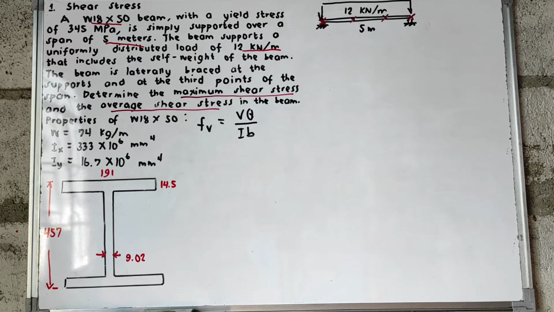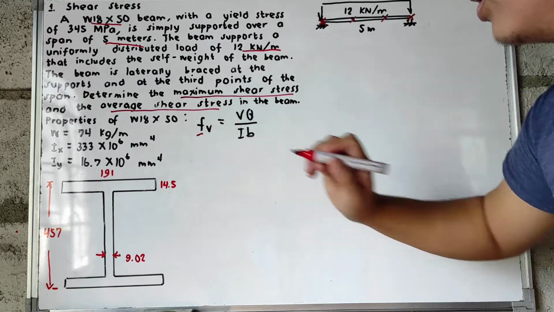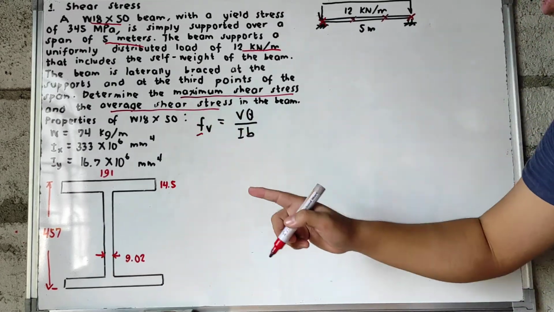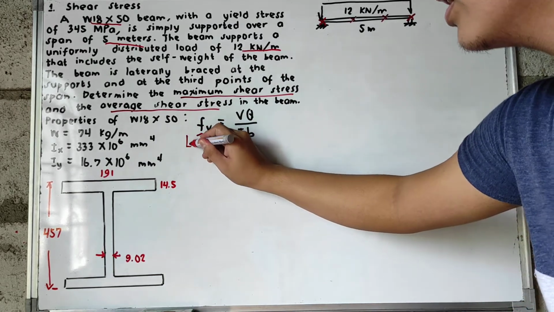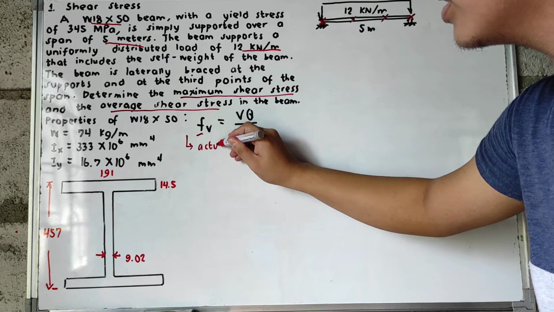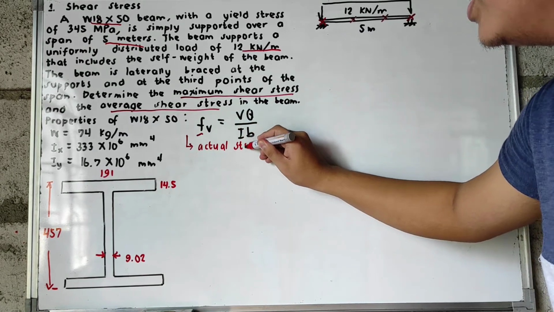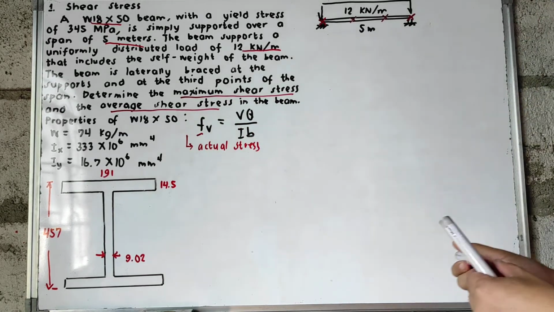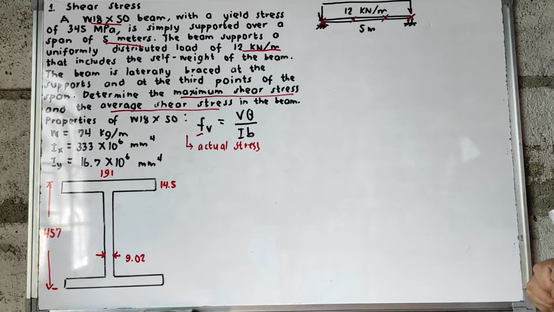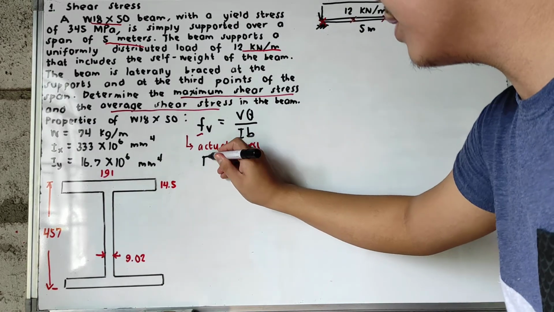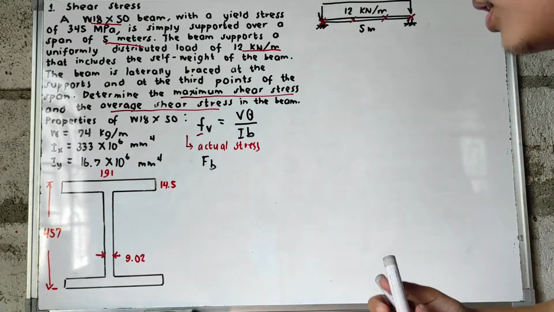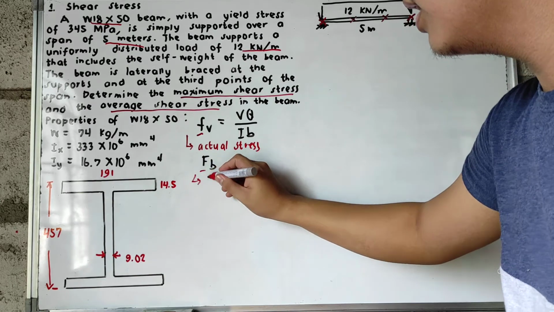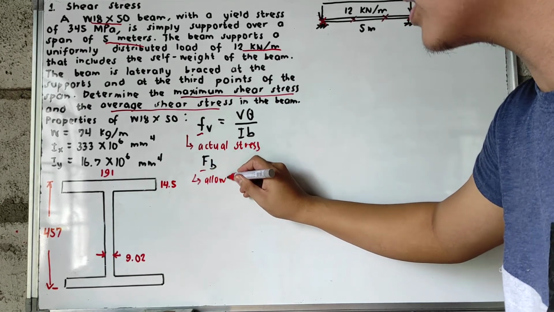So for this one, kapag nakita natin na small f, yung denotation ng stress natin, ng shear stress natin, meaning to say, this is the actual stress. Unlike sa mga pinag-aralan natin previously, yung kinukuha natin is yung Fb, kapag capital F, so meaning to say, ito yung mga allowable or design stress.